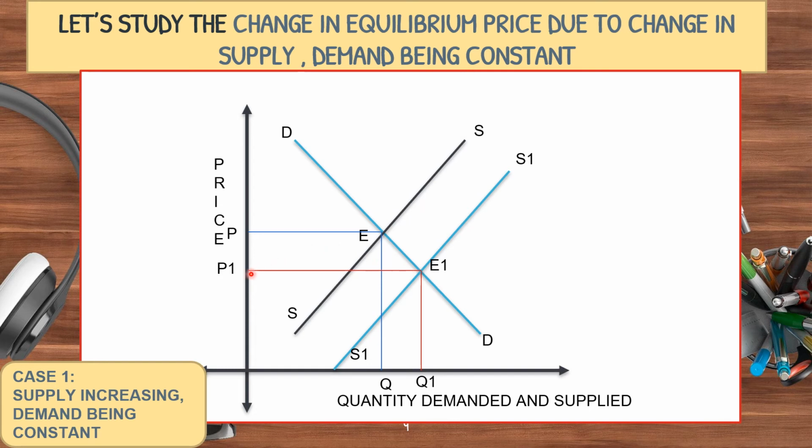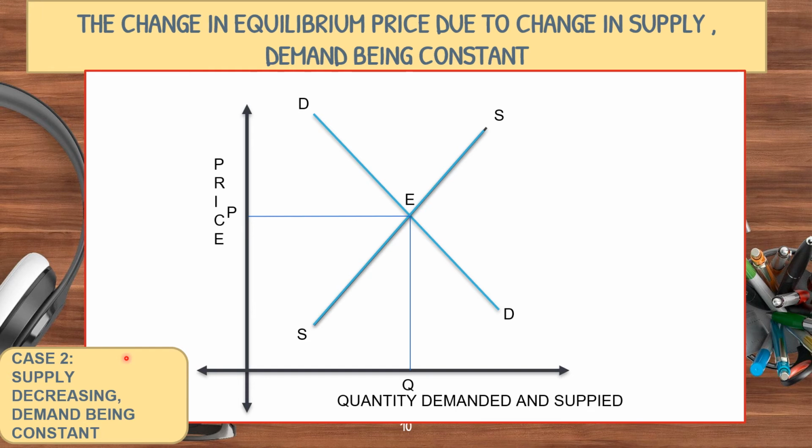The price determined by this point is OP1 and the quantity determined at this point is OQ1, which is a higher quantity demanded and supplied. And the price falls from OP to OP1. So you see, when supply increases, demand being constant, the equilibrium price falls and the equilibrium quantity demanded and supplied increases. Let us now see what happens when supply decreases, demand being constant.